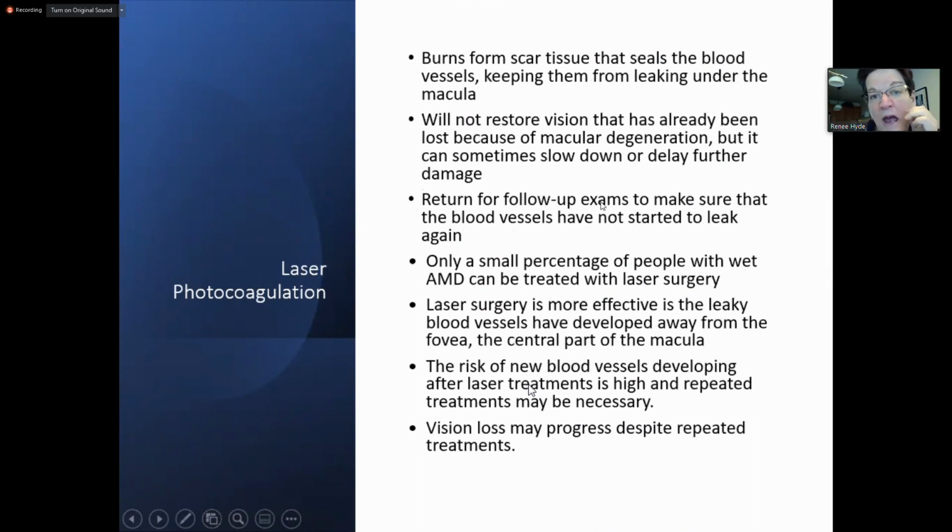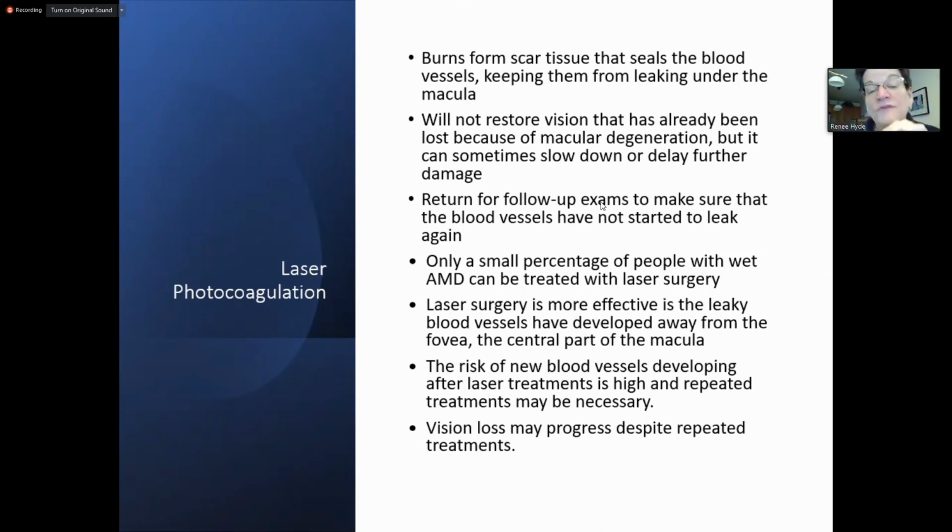Laser photocoagulation, what it does is it basically uses a laser to form scar tissue that seals the blood vessels at the back of the eye that keep them from leaking under that macula. Again, it's not going to restore vision, but it can slow down or further delay damage.